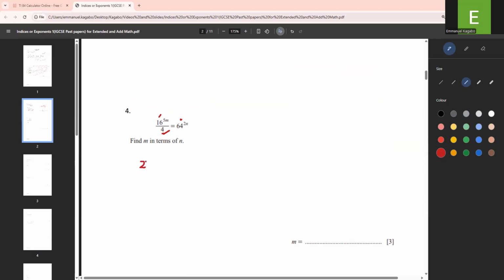The first one is 2 power 4, that's 16, guys, power 5m, equals to 64, which is 2 power 6, close the brackets, power 2n, then times 4, which is 2 power 2.